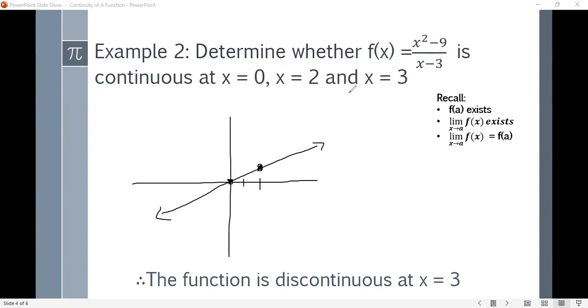What if x is equal to 3? So, iba lang yung kulay. Kapag x is equal to 3, at ang lumabas, di ba, ay 6. So, halimbawa, ito po yung 6, sa y-axis. Ito naman po si 3.